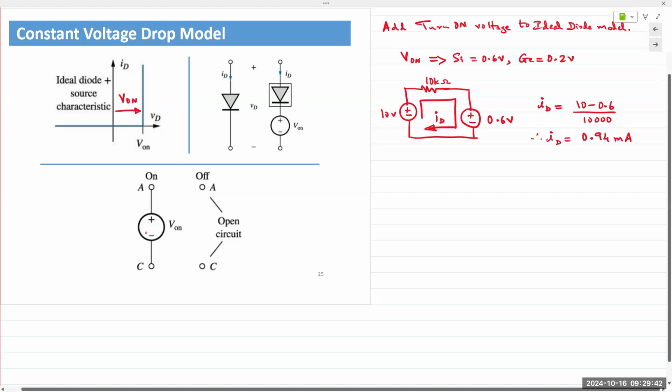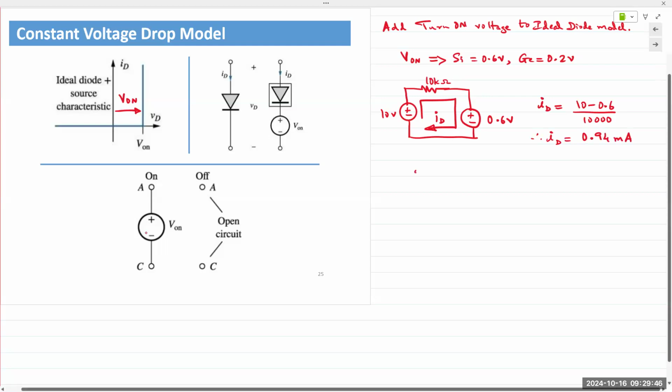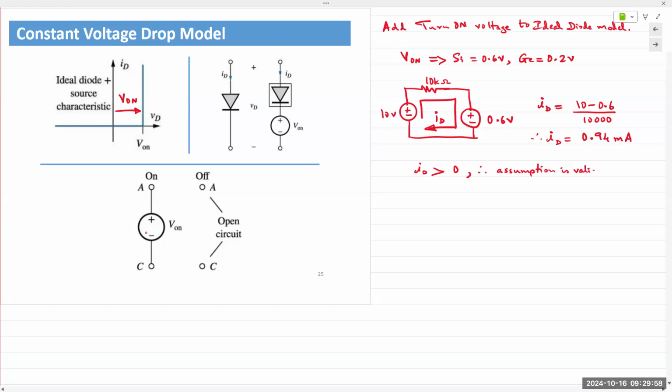Positive value for ID, therefore my assumption is valid.